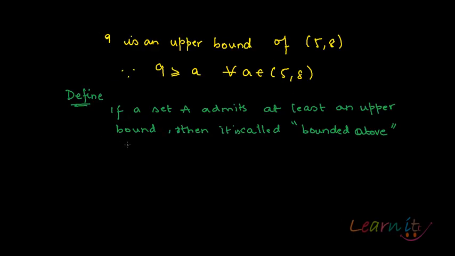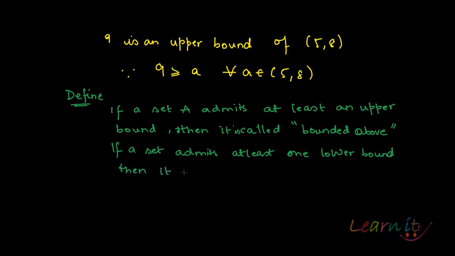And similarly, if a set admits at least, you can have more, but at least one lower bound, then it is called bounded below.